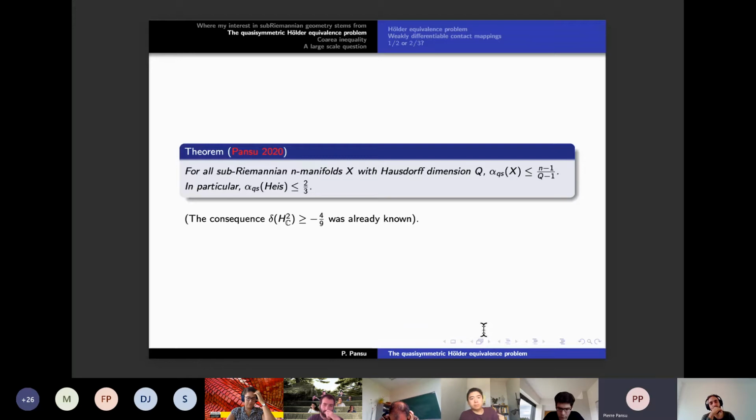These had been previously obtained by different methods. So in fact, I don't care that much about that pinching problem. It was more like a motivation to study Hölder homeomorphisms between Riemannian and sub-Riemannian metrics, and with this quasi-symmetric bias. And right.